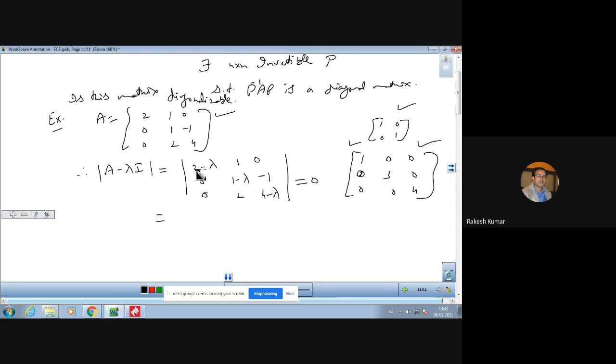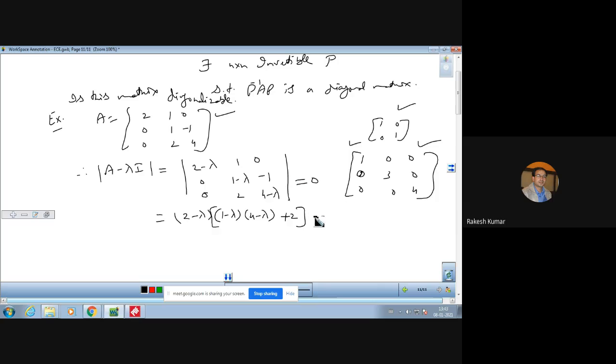So let us expand the determinant, that is (2 minus lambda) into (1 minus lambda) into (4 minus lambda), and this is plus 2. और रिमेनिंग -1 से करेंगे तो 0 इंटू दिस एंड 0 इंटू दिस, वो 0 आ जाएगा.